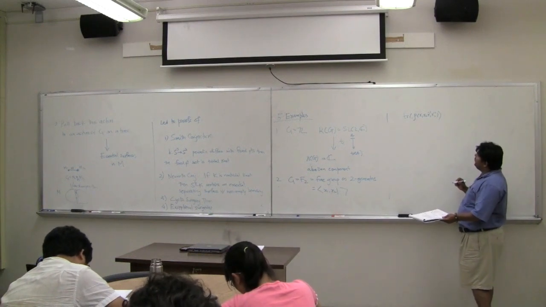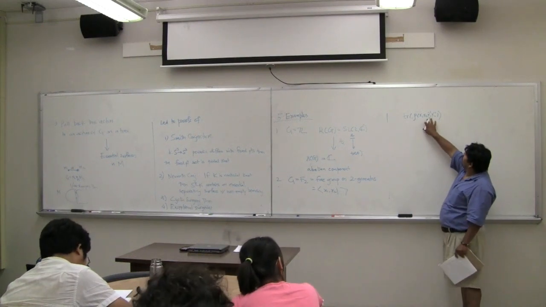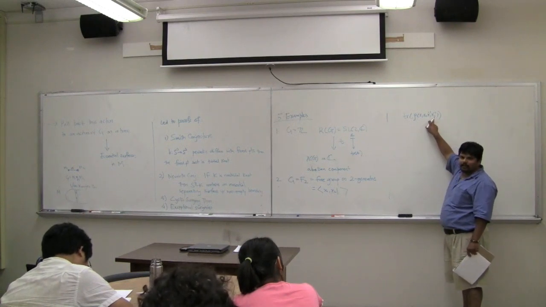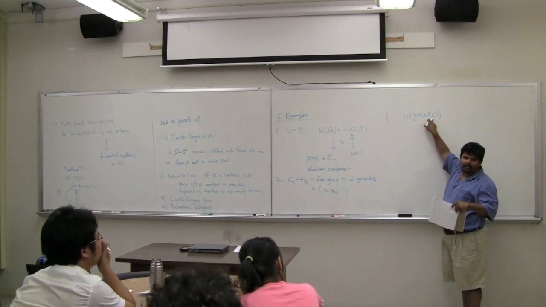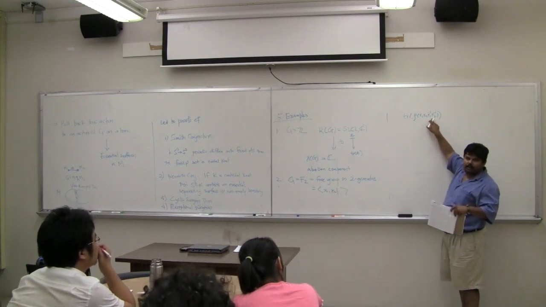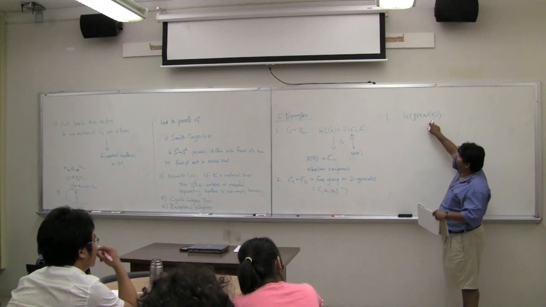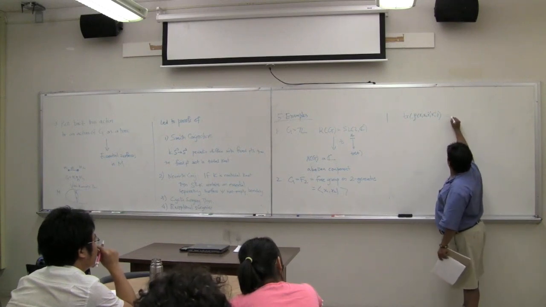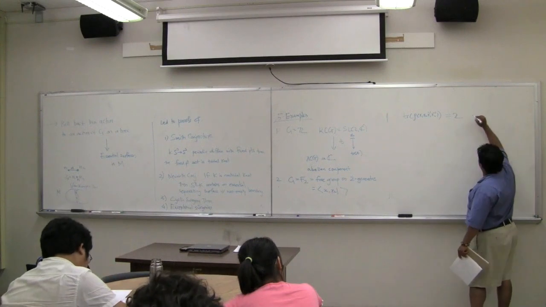If x1, x2, x1 inverse, x2 inverse is the identity, then these representations factor through the representations of Z squared. In particular, the trace of this would be equal to 2.